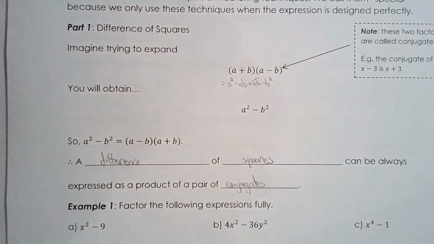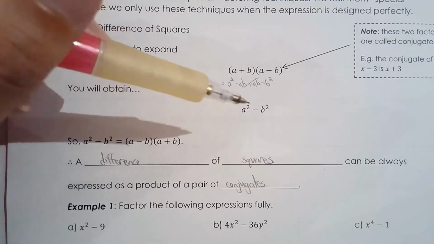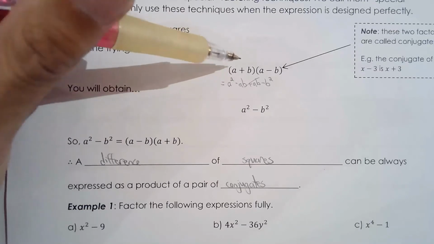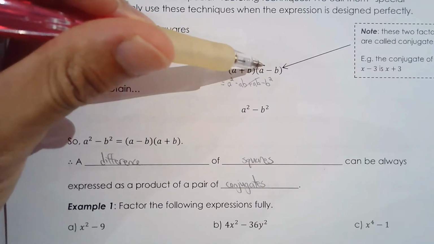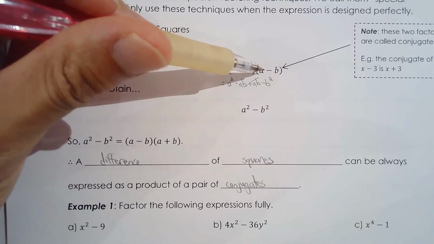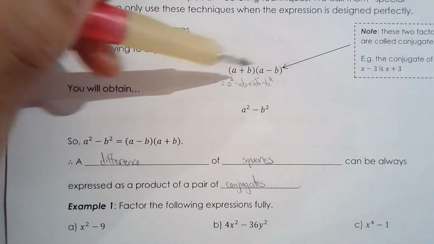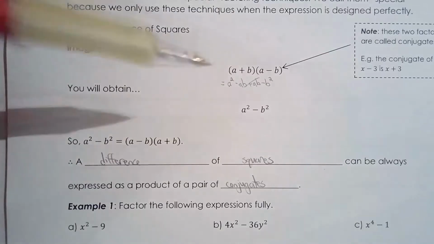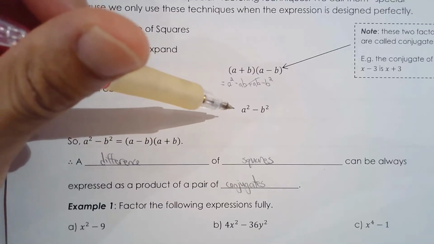Okay, so why is a difference of squares very special? Because if you think about it, if you multiply a binomial by another binomial, you're never going to get a binomial unless those 2 binomials you're multiplying are conjugates. Okay, so that's what makes a difference of squares very special.